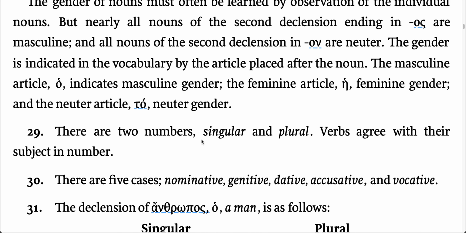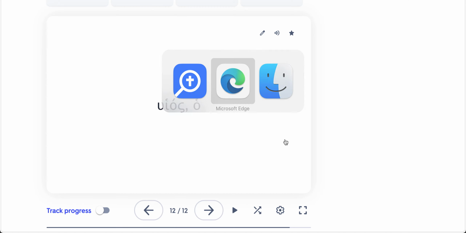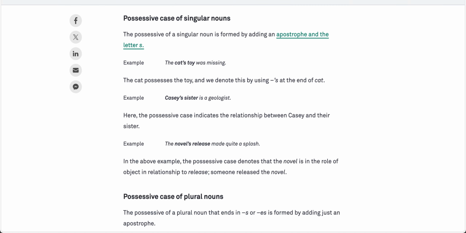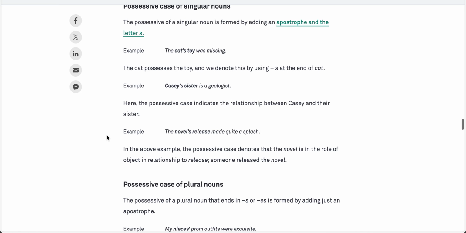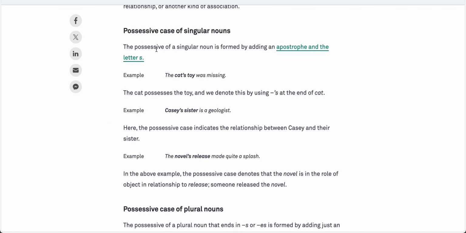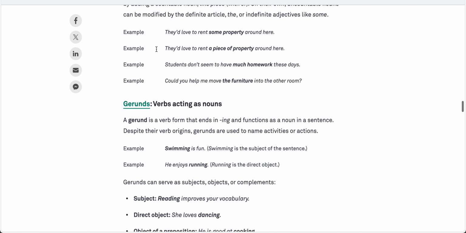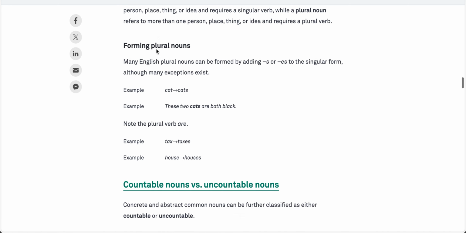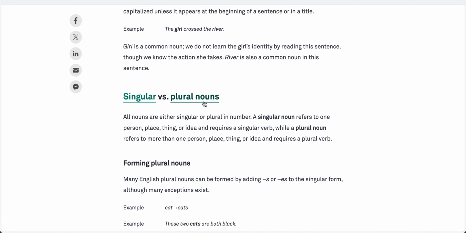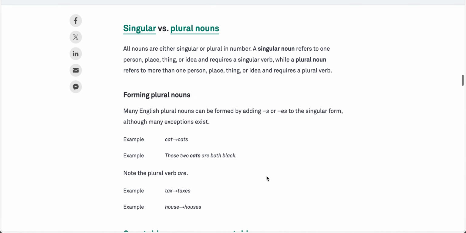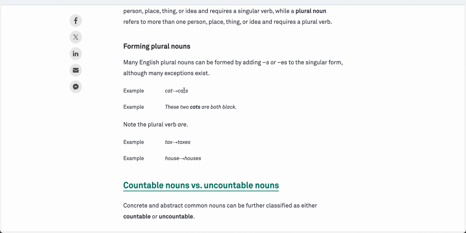So they have two numbers, singular and plural, which is what nouns have. If you go back to this basic article that I was giving you, it talks about how they're singular and how they're plural. So an example, cat is singular, cats is plural.